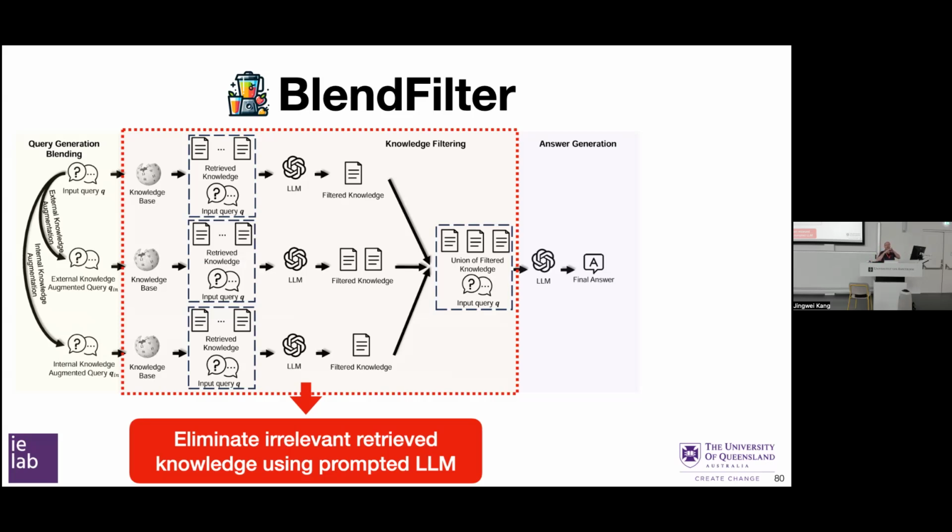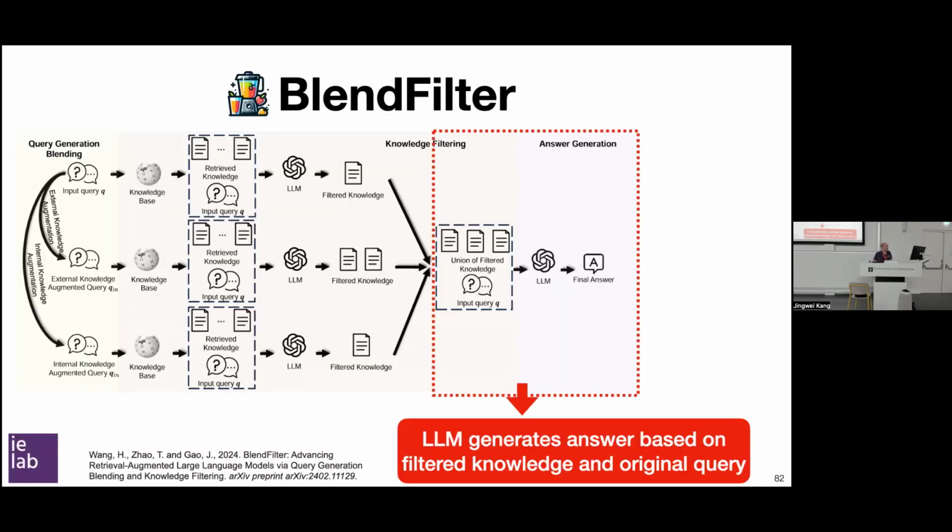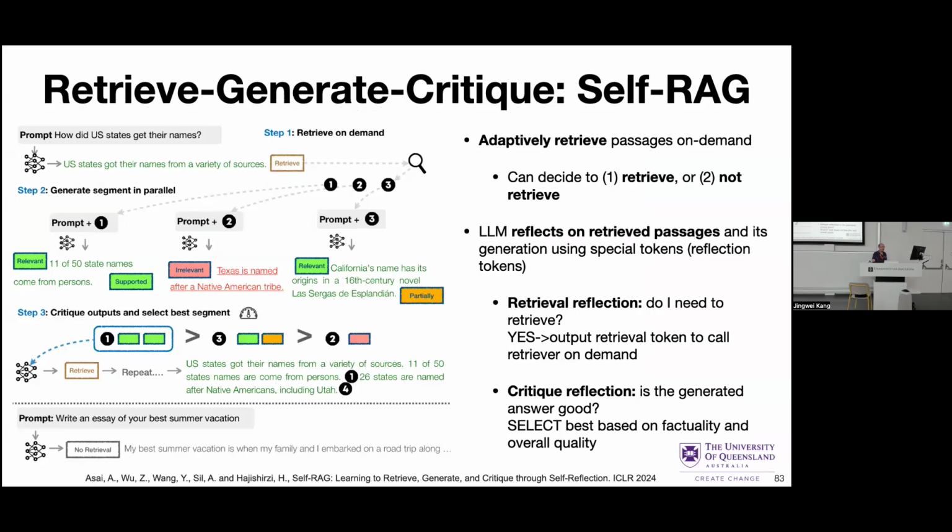So try to, for example, filter out things that are contrary to each other. Put all this together, send it finally to my LLM to do the final answer generation. And so here again, you will see an example of that. The LLM finally will generate that answer based on the filtered knowledge and what the original query was.